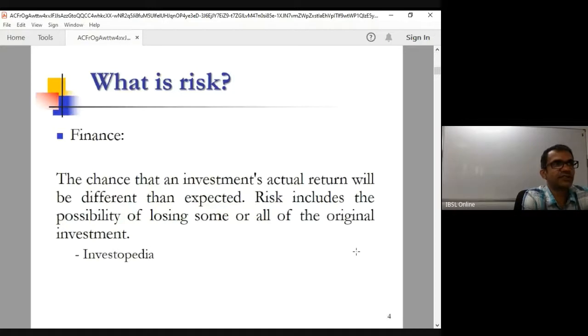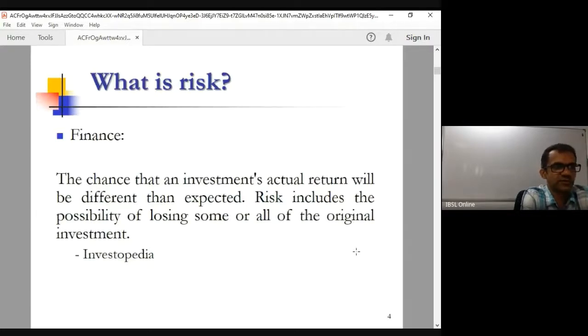There are different definitions. However, this is one of the definitions I found on Investopedia. It says the chance that an investment's actual return will be different than expected. Risk includes the possibility of losing some or all of the original investment.